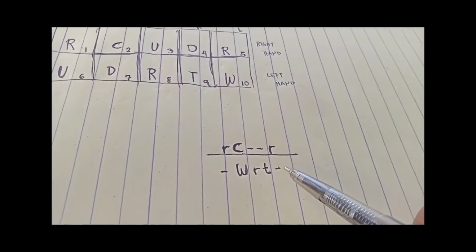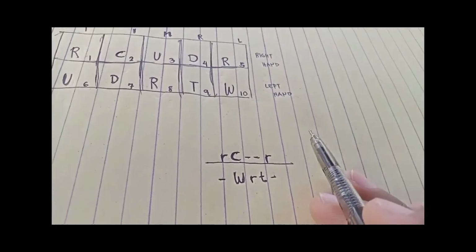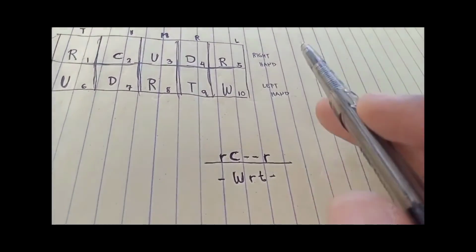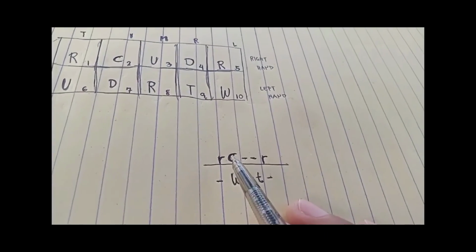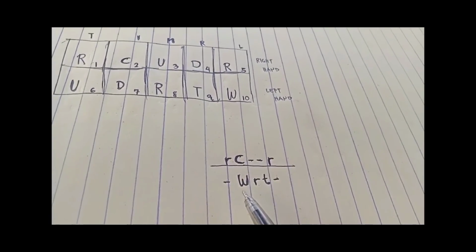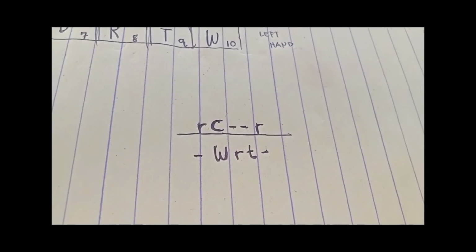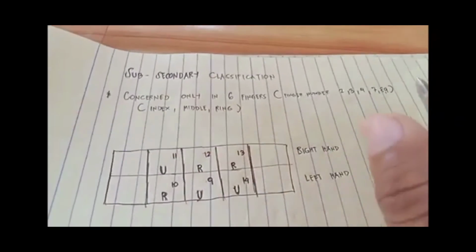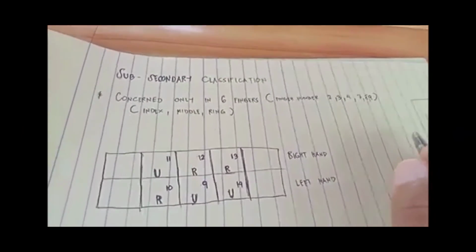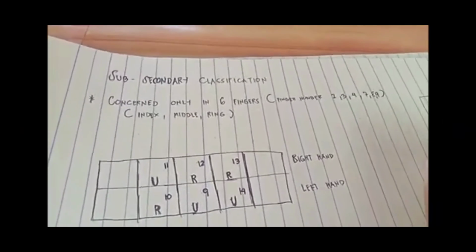And always remember that the right hand is always aligned to the left hand. And this is our secondary classification. So let us now proceed to resolve the subsecondary classification.